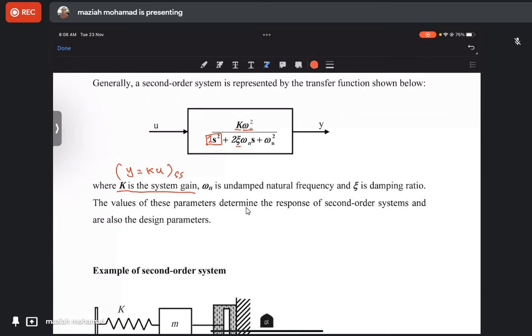And then we have zeta, which is the damping ratio. It is an element in the system that will damp the energy in the system. If a system does not have damping, it will continue to have displacement, it will continue to vibrate and will not stop. That happens when there is no damping in the system.